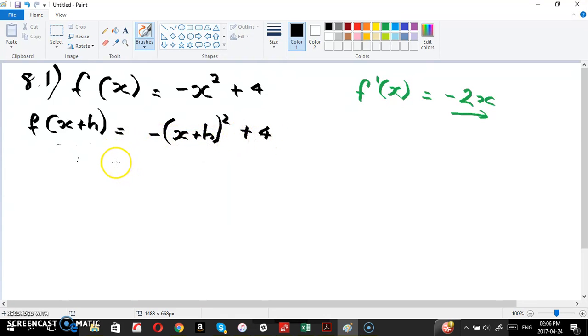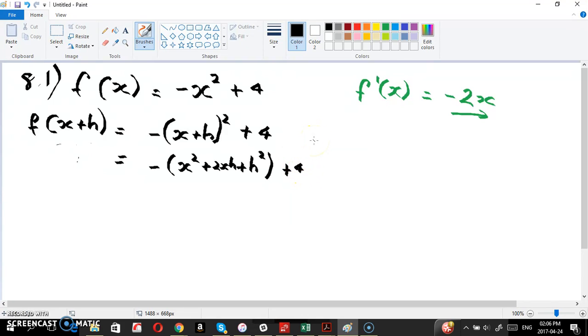Now if I have to expand this, I then get negative, and then I open my brackets, I square the first, that's x squared, I square the last, plus h squared, then I take my first times my last times 2, which gives me plus 2xh, plus 4.